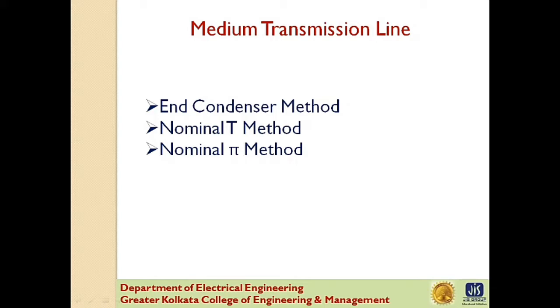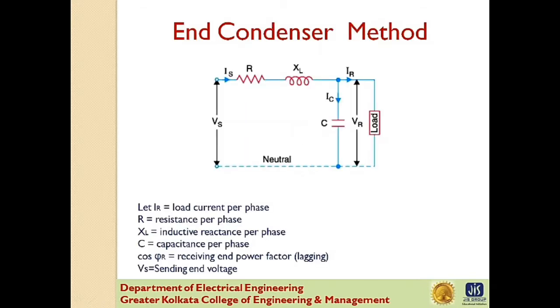The most commonly used methods for solution of medium transmission lines are the condenser method, nominal T method and nominal pi method. In this video, I will discuss the condenser method and nominal T method. So let's start with the condenser method.